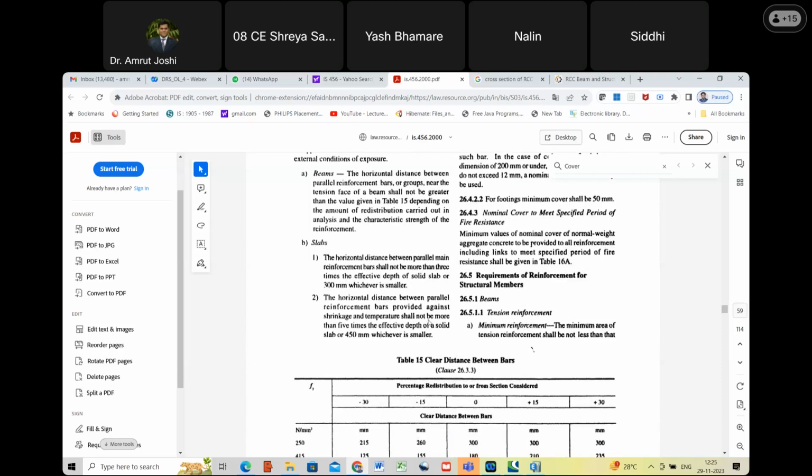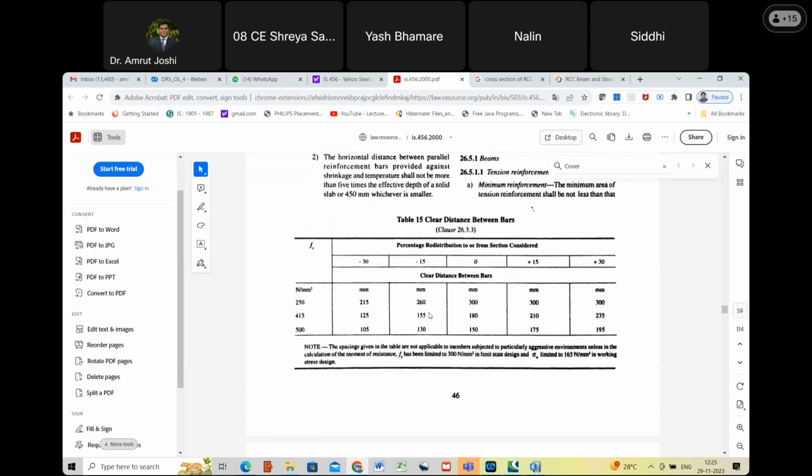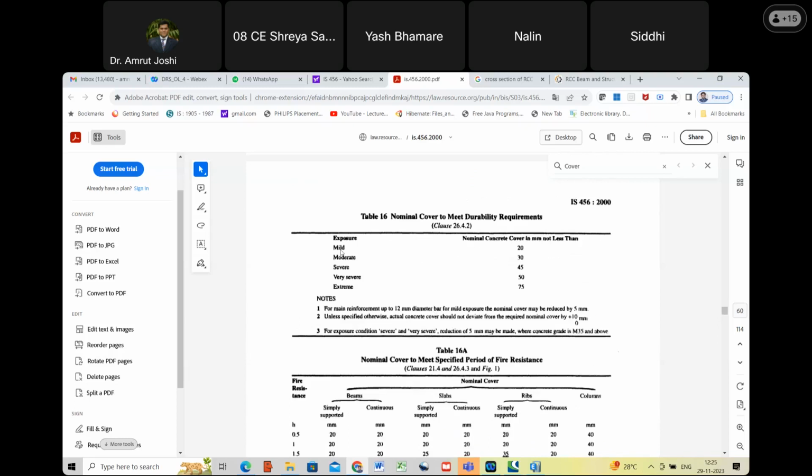I encourage you to read those clauses, but at the diploma level, we will always consider either mild or moderate exposure. And mild or moderate exposure will be mentioned in the problem statement. If not, you have to assume any one of these two. Are you with me? Yes, sir. So the dry environment like Pune comes under mild environmental category. Are you with me? Yes, sir.